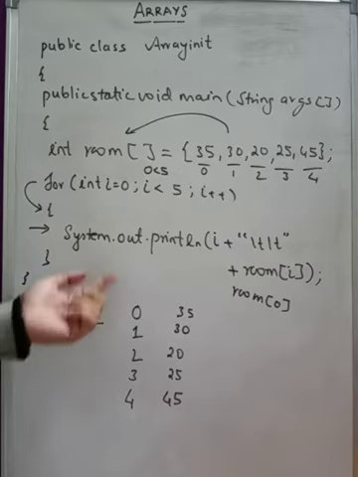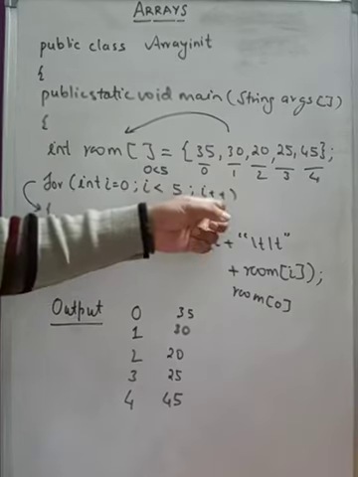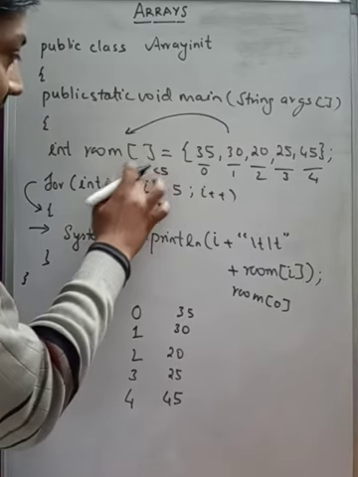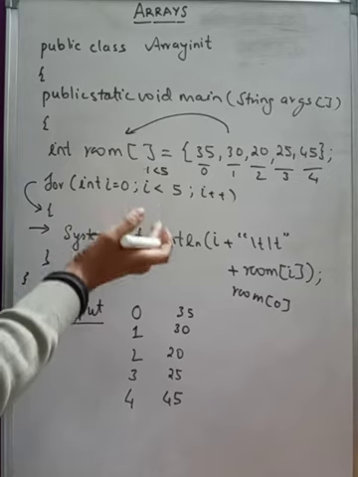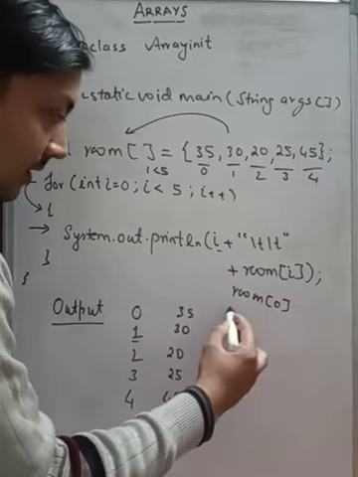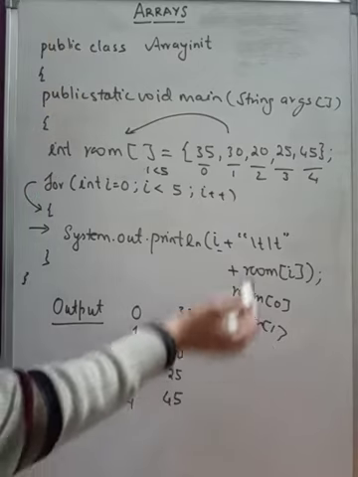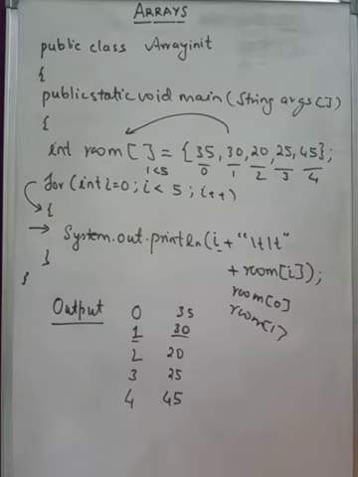Next, when the loop runs the second time, with the value of i increased by 1, the condition will be checked for 1 less than 5, which is still true, and the value of i is equal to 1. So it will print 1 followed by room[1]. On the first index you have the value 30, so 30 will be printed here.